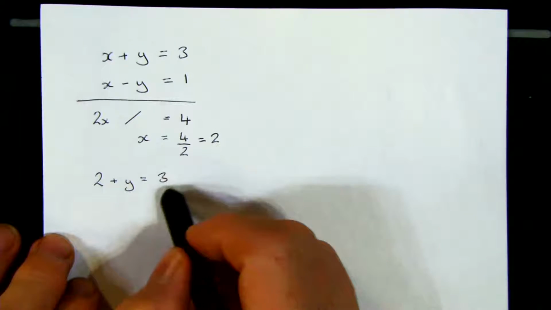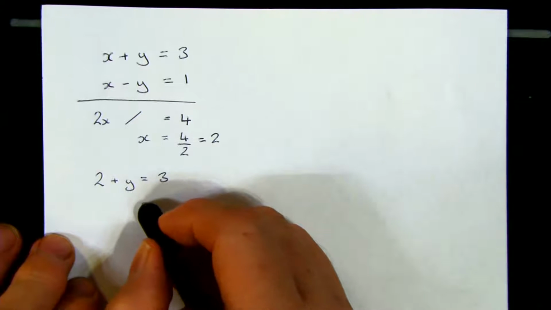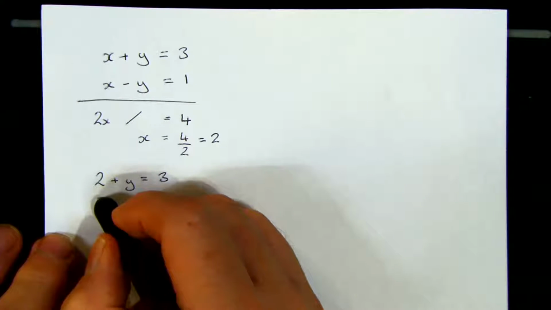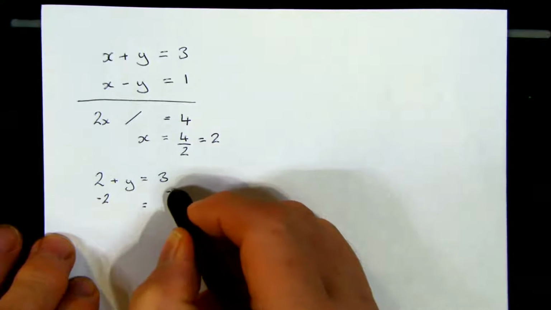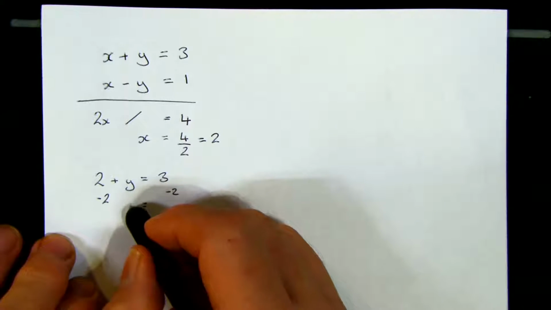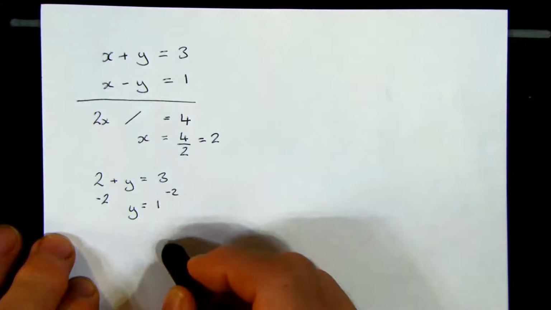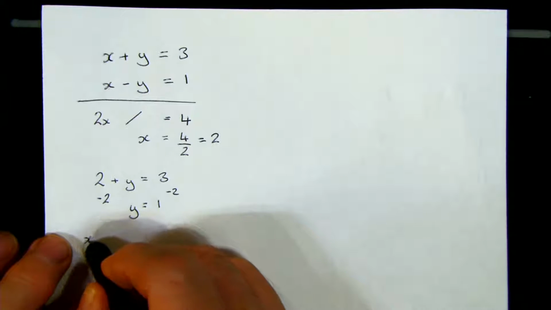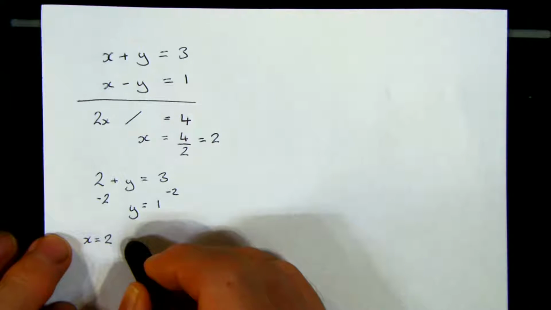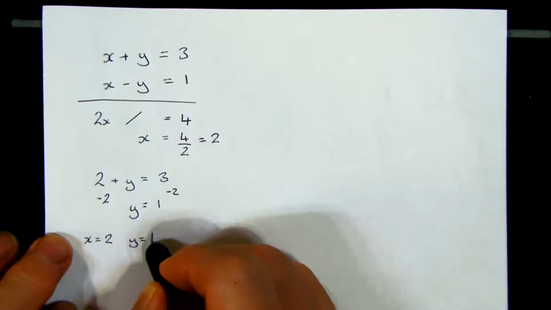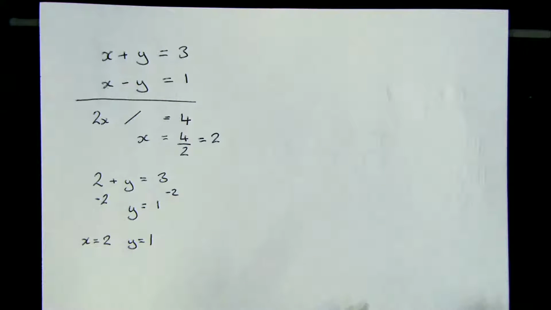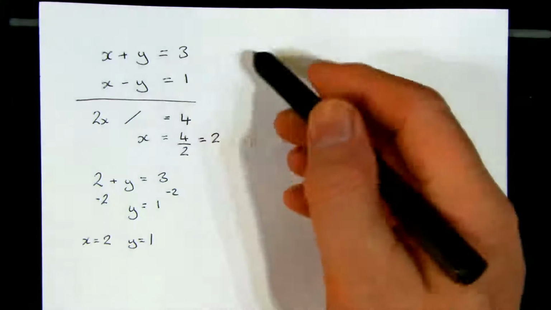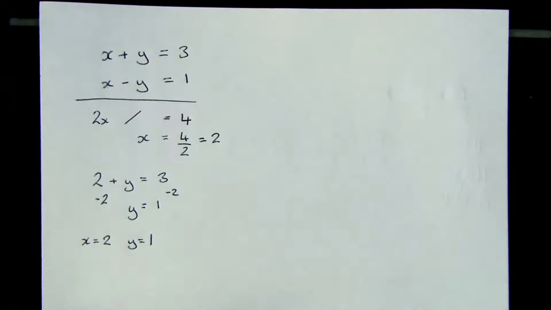We can take the 2 over to the other side, and as we do so, we take away 2 from both sides. So y equals 1. And there we have our answer. For this one, x equals 2 and y equals 1. And there we've got a simultaneous equation by simple elimination.